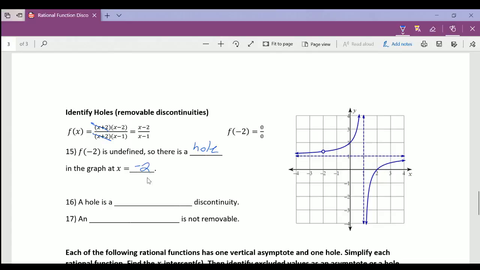A hole is a removable discontinuity, and an asymptote is not removable. And take a look. Here is our vertical asymptote at x equals 1. There it is. We're approaching that, and we're approaching that.